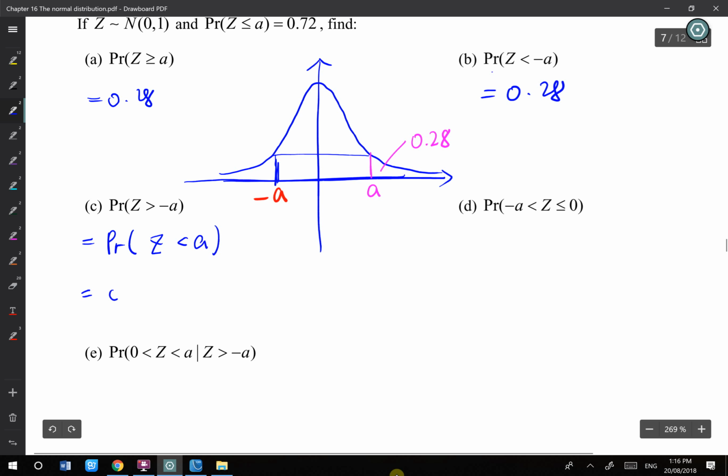So 0.72 for that. In between negative A to 0, which is this region here, that's 0.5 minus 0.28, well, minus the less than A part. So that equals 0.22.